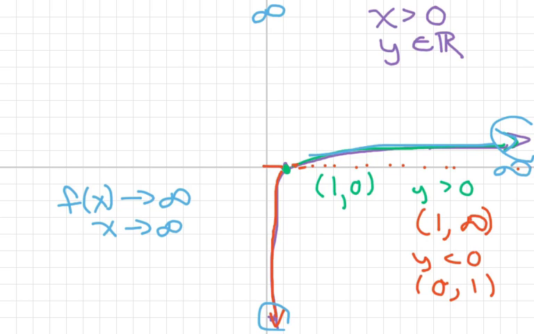As y is approaching negative infinity, which is down in here, x is going to the left here. So it's getting closer and closer to 0, but it's still positive.